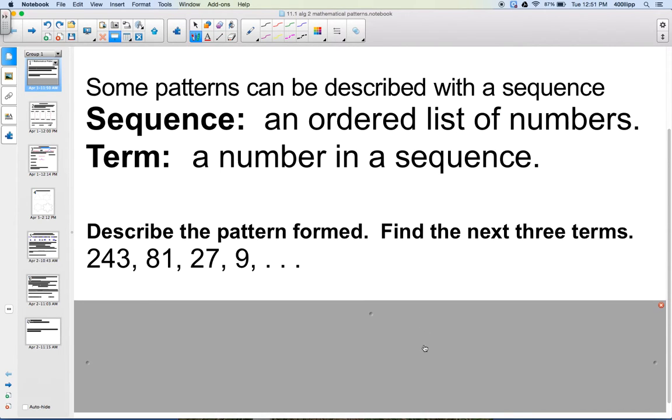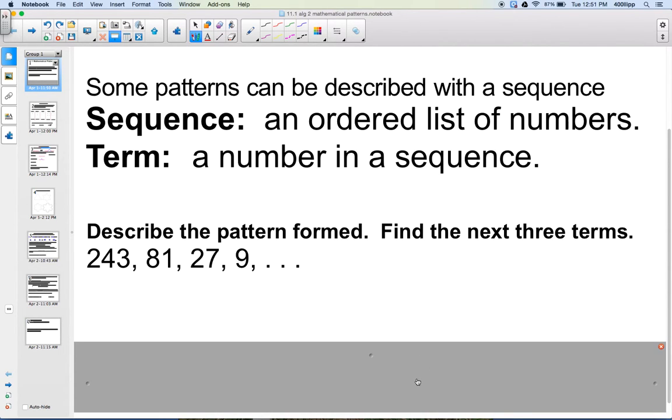Alright, so for this sequence here, which is just an ordered list of numbers, we need to describe the pattern. When we describe the pattern, we want to look to see what's happening every time to get to the next term or the next number in the sequence.